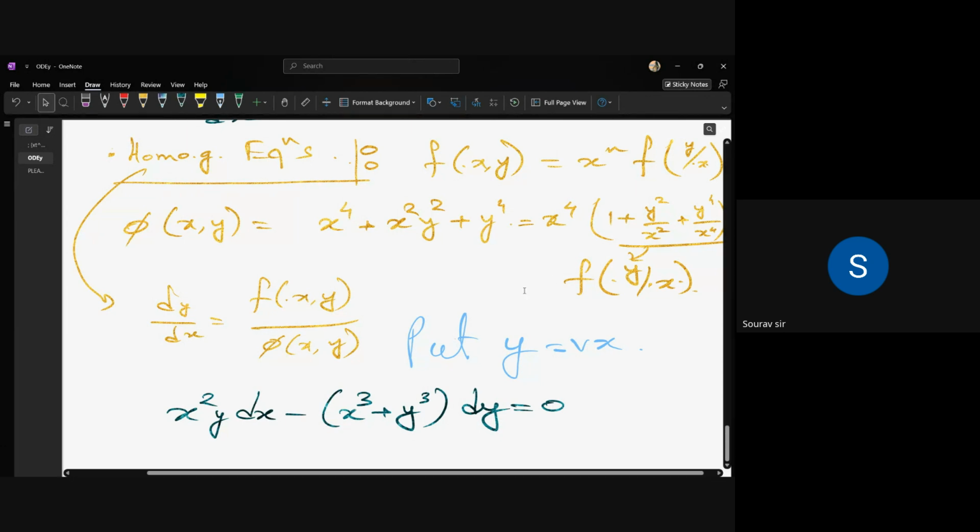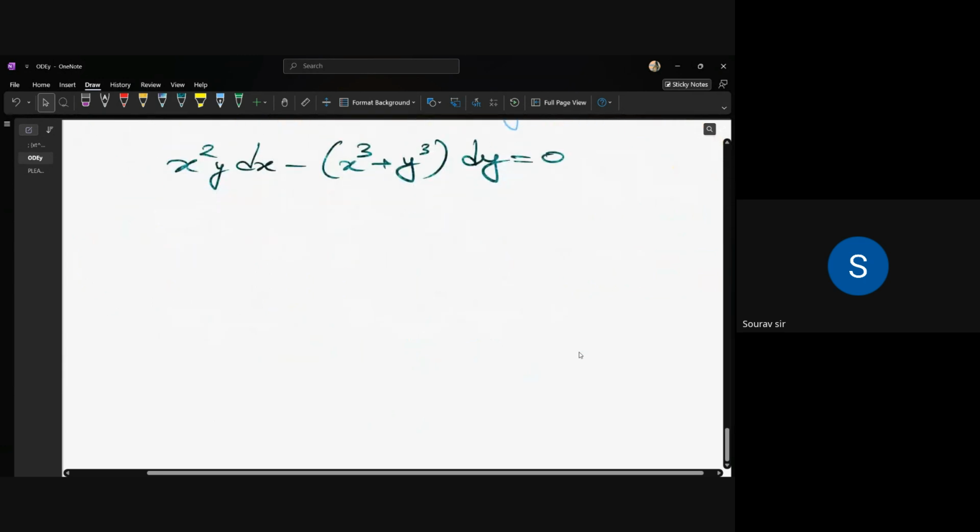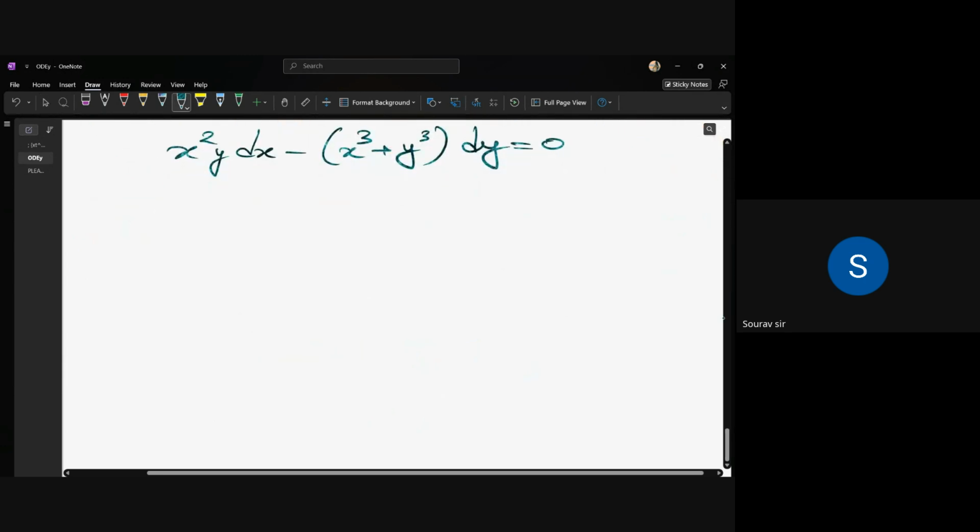If we get this, how can we solve it? We can easily see that this is a homogeneous equation, because this has degree 3 and this also has degree 3.